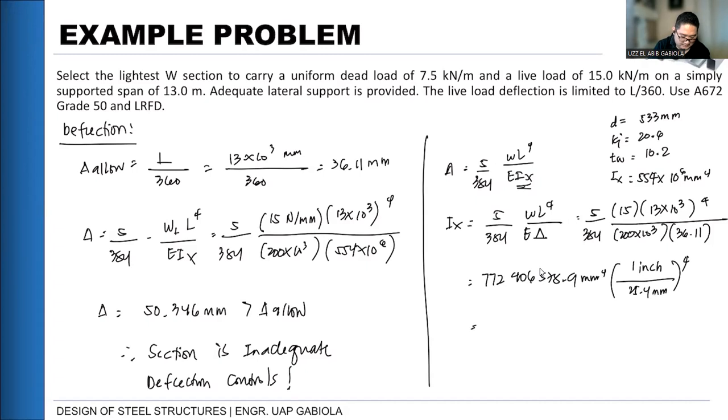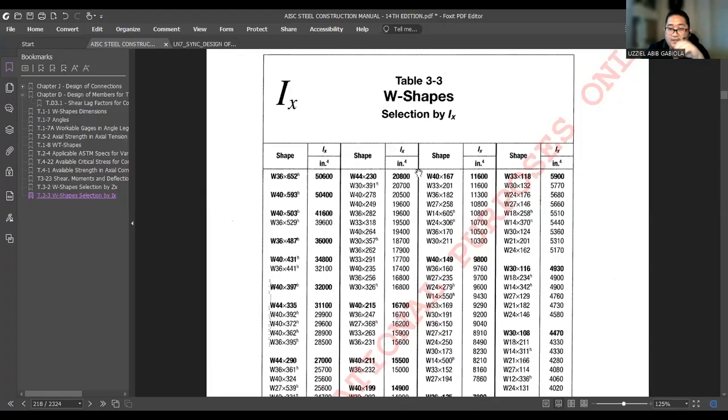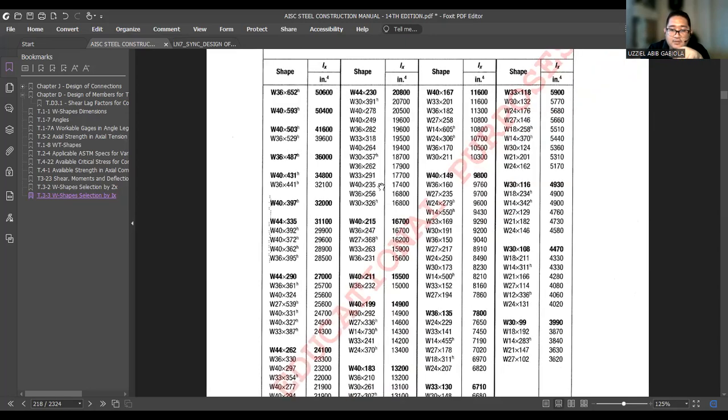Equals din yan sa 1856, no? Rounded off to inch to the fourth. So, may 1856 na tayo. Yan yung kailangan natin dito sa ice shape natin. So, kunin natin yung 1856 greater than 1856.